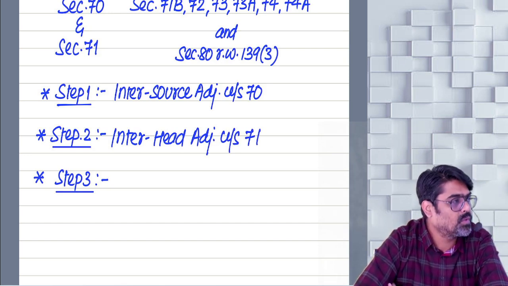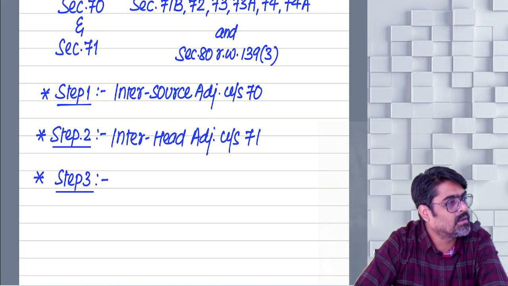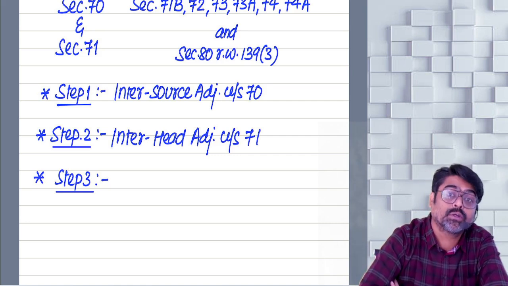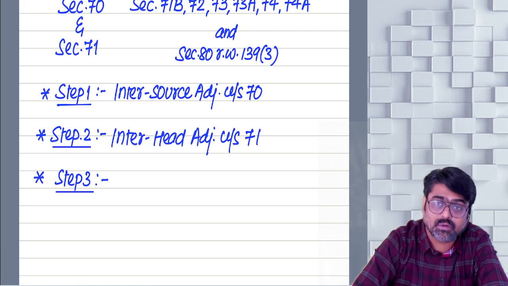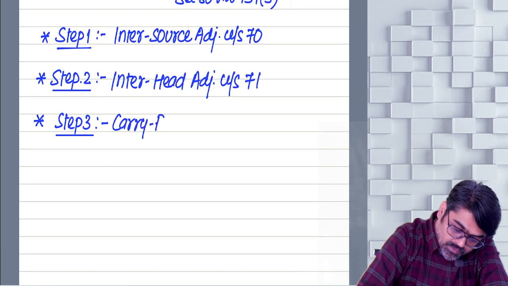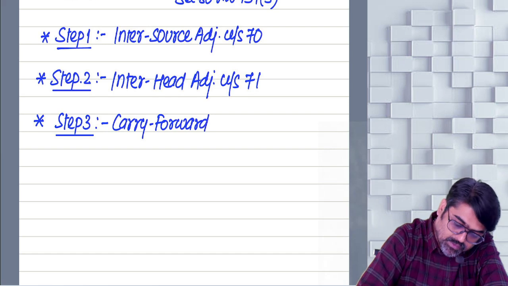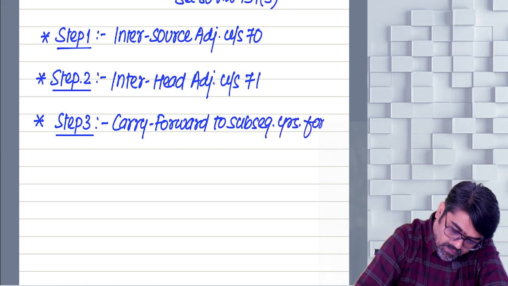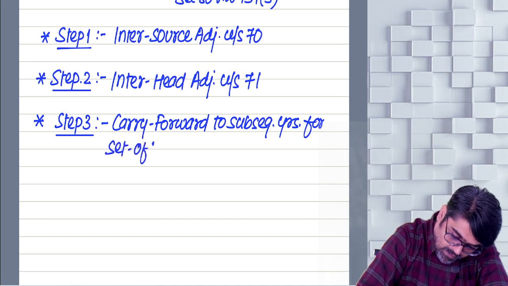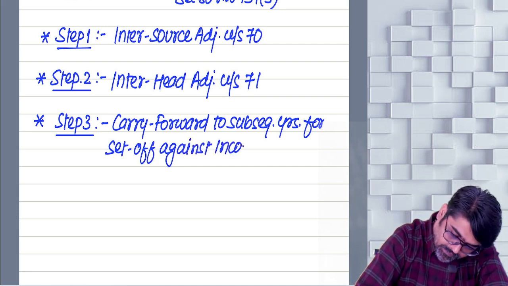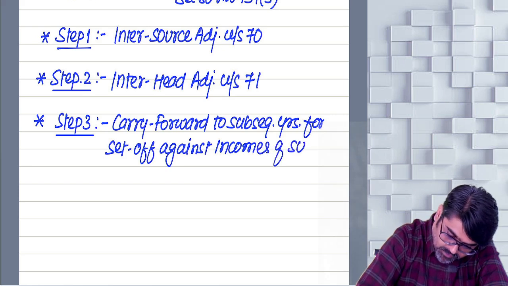And if you fail to set off the loss within the head amongst the sources, and you also fail to set off the loss in this year against the income of other heads, then you carry forward the loss to subsequent years for set off against incomes of subsequent years.